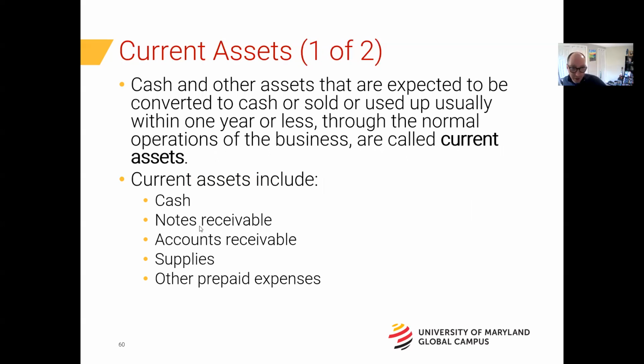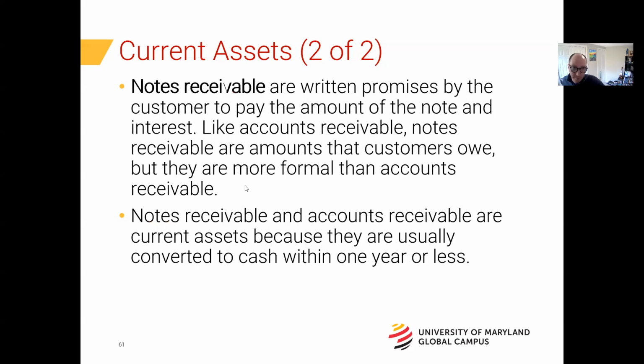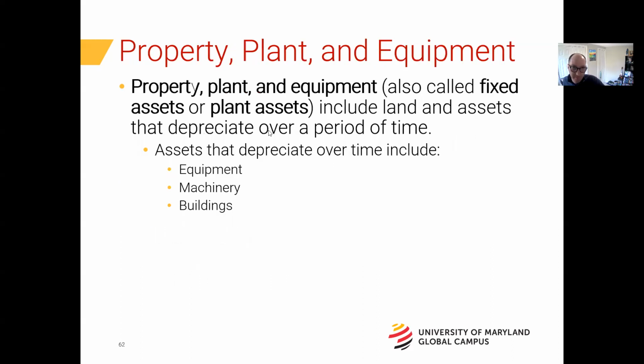So current assets include cash, notes receivable, accounts receivable, supplies, also known as inventory, and other prepaid expenses. Current means we use them within 12 months or less. Notes receivable is like if we issued a line of credit to a customer. That's an example of that.